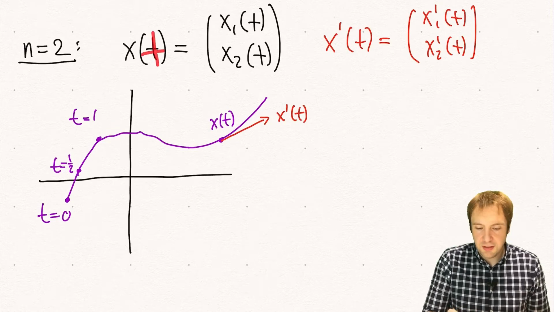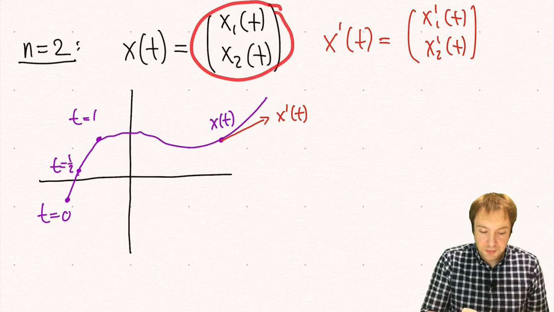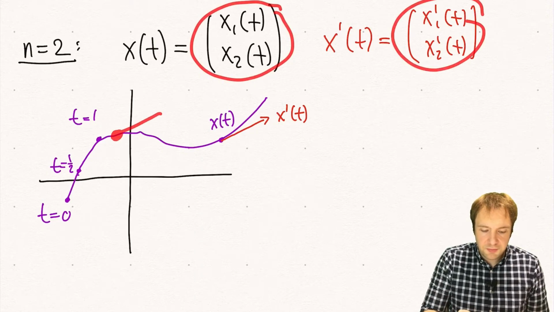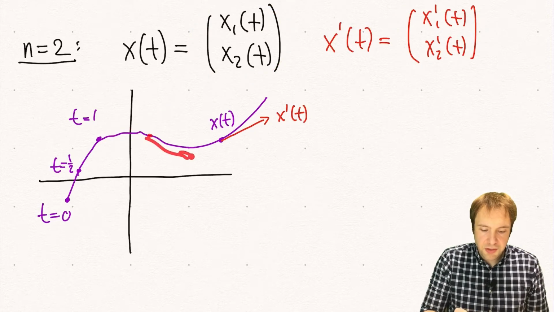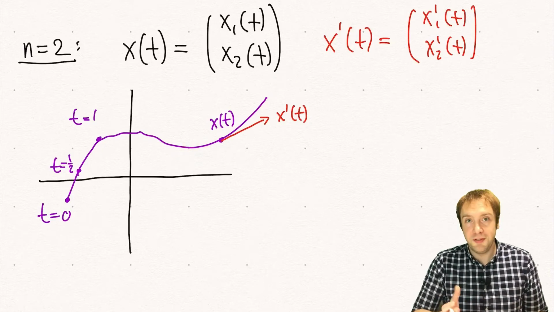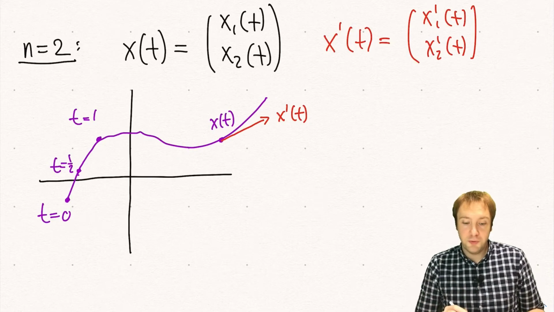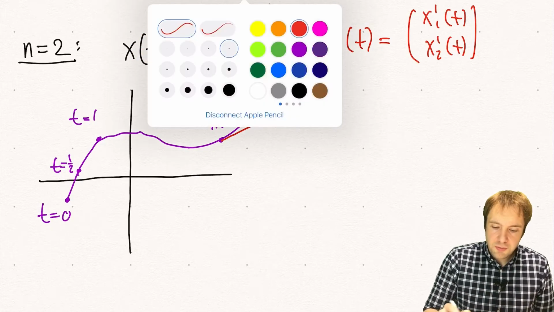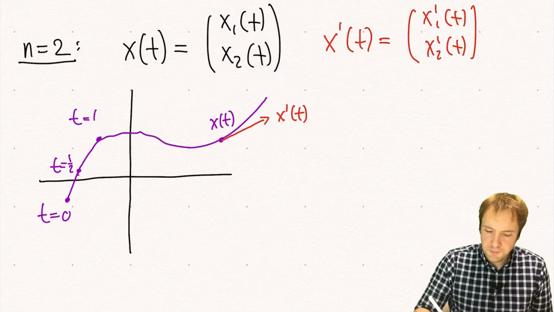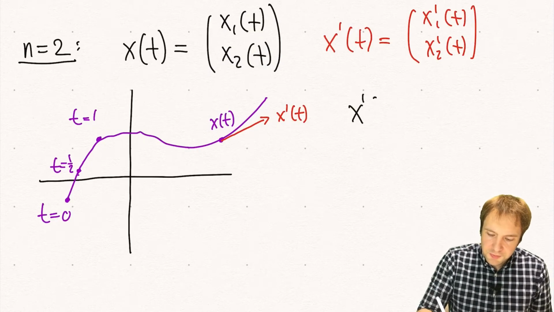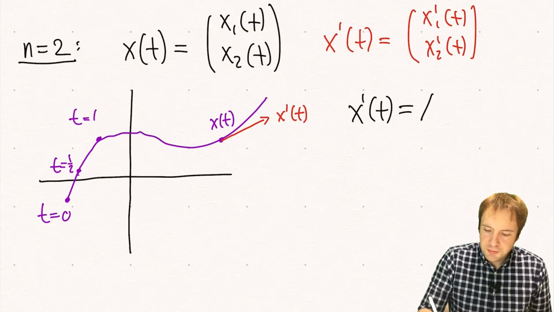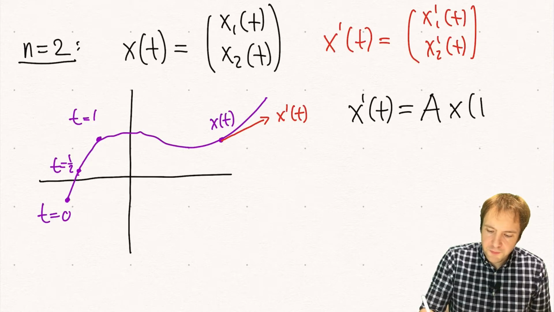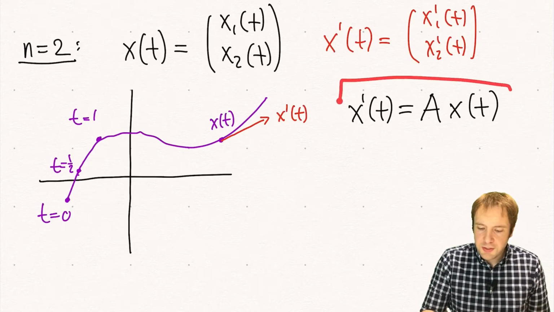For each t I can calculate this vector. The point gives me the position, and at each t this vector tells me the direction of the curve, so what will be the next value if we make one small step in t. So now, what if we consider this dynamical system? We ask for a solution of this equation here.